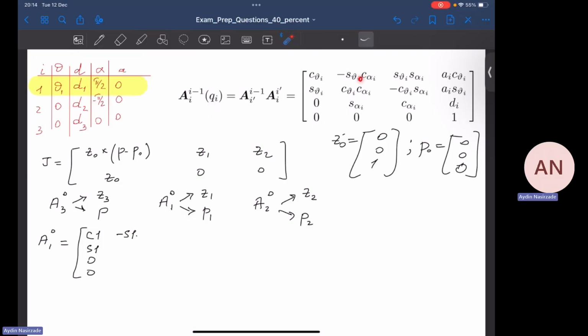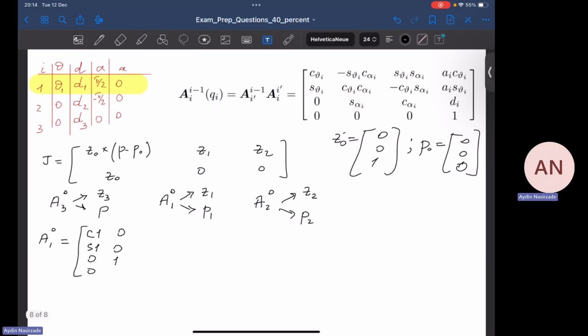So cosine of pi by 2 is 0, so I can simply write 0 here. Then again we have cosine of alpha 1 here, and alpha 1 is pi by 2, so this one becomes 0 as well. Sine of alpha 1 is 1 because sine of pi by 2 is 1. And this is 0.